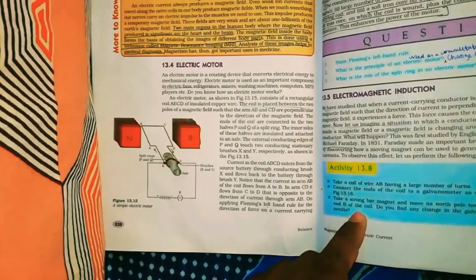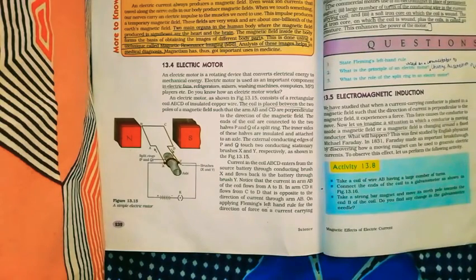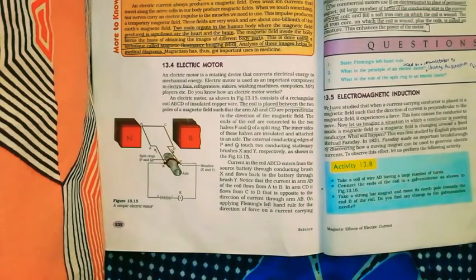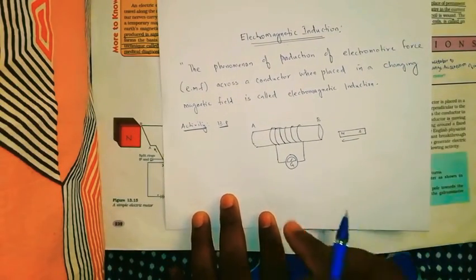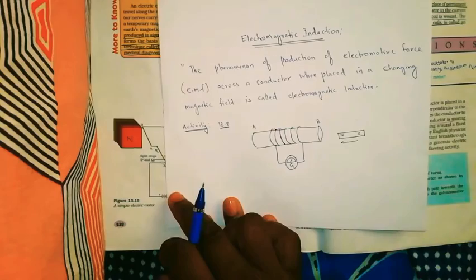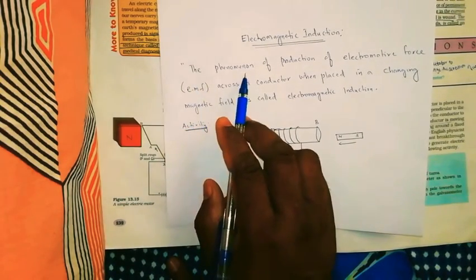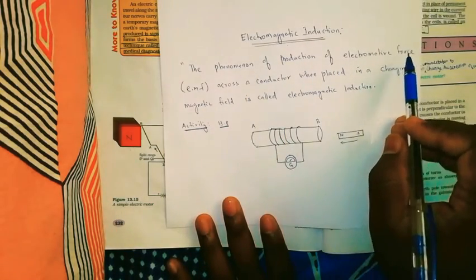Take an example, activity 13.8, which is given in your book. Let's learn about this activity. Take a coil of wire AB. Before that, let us learn what electromagnetic induction is. Electromagnetic induction is the phenomenon of production of electromotive force.